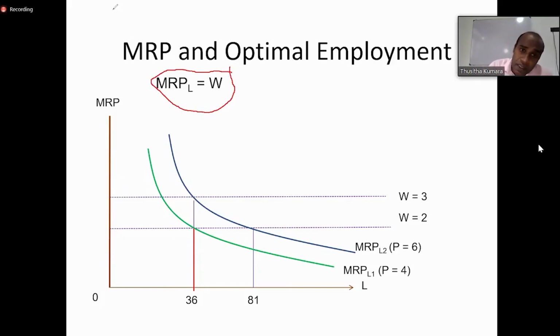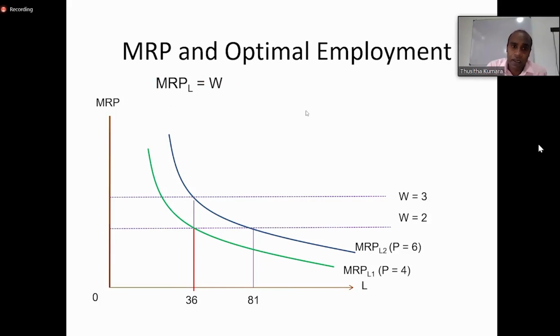We need the wage rate and MRP, which is MPL multiplied by P. Price and wage are both given, and we need the marginal product of labor.